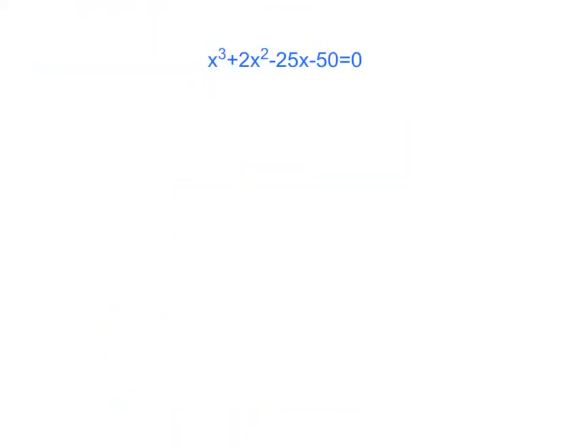So not super hard. Here we have a 4-term polynomial. When we have a 4-term polynomial, all you need to do is split it down the middle, like we've done before. So when you split it down the middle, we take out our GCF, which in this case is x squared, x plus 2.